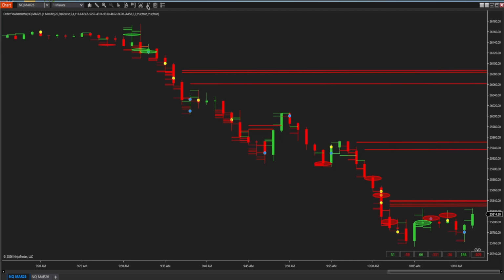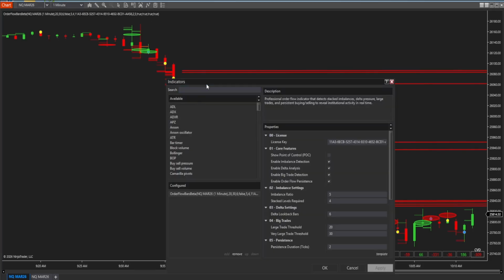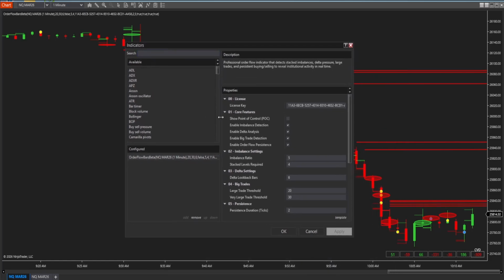So if we look at the settings, I'm not showing the point of control, but I am showing enable imbalance detection. That gives you the stacked imbalance areas, enable delta analysis, enable big trade detection, and enable order flow persistence.